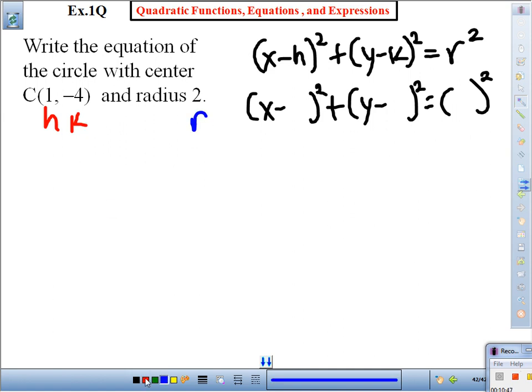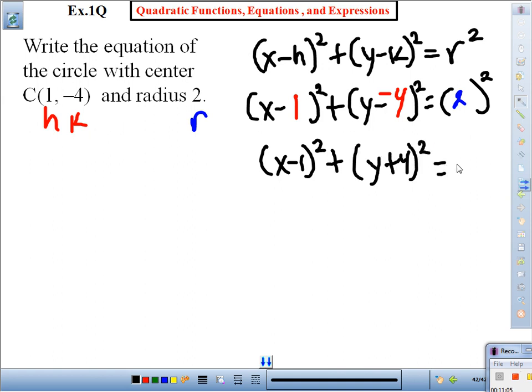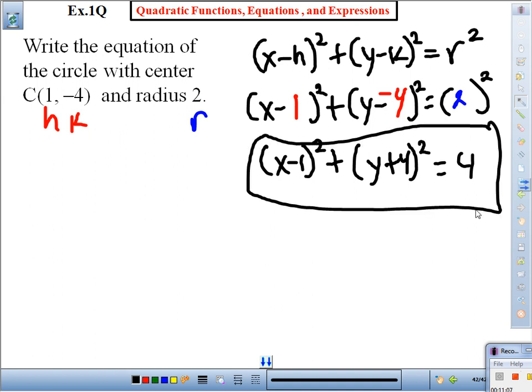Step 4, substitute 1, negative 4, 2. Step 5, simplify. X minus 1 squared plus y plus 4 squared equals 4. Hands if you got that. Okay, we got this.